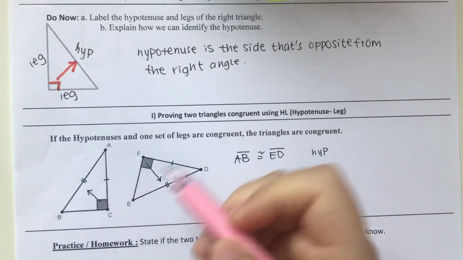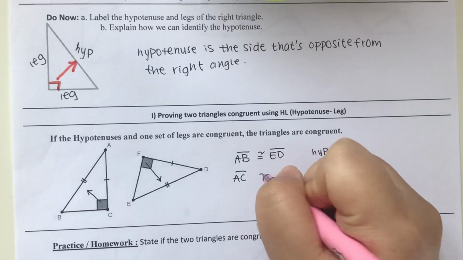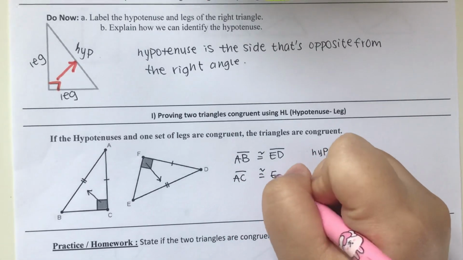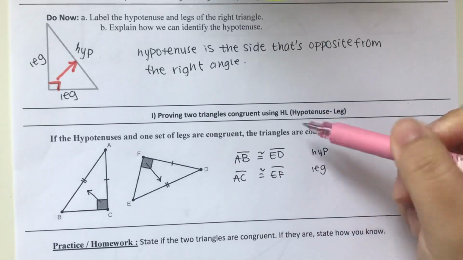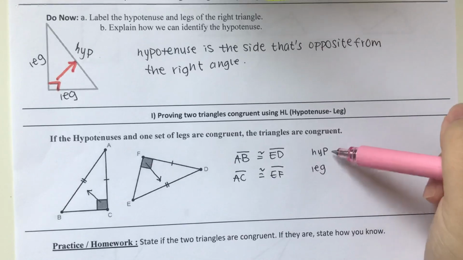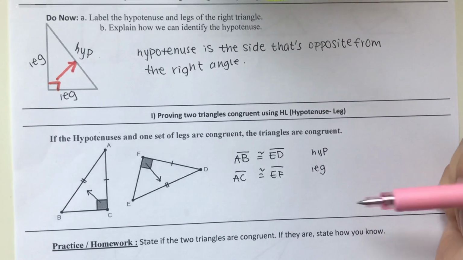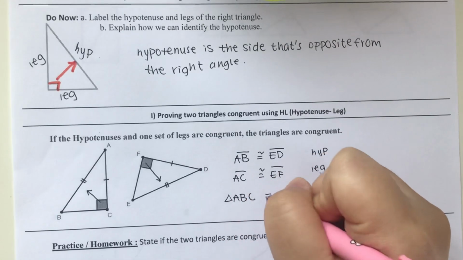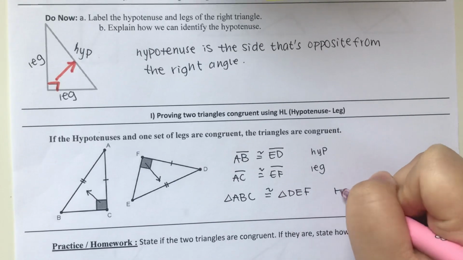And we have one set of legs, which is AC, so line segment AC is congruent to line segment DF because that's the leg. So since a pair of hypotenuses are equal to each other and a set of legs are congruent, then triangle ABC is congruent to triangle DEF by HL.